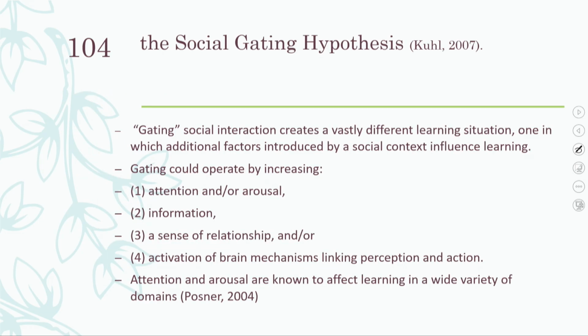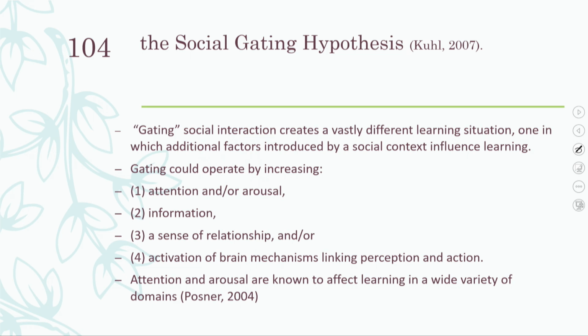Based on these various kinds of findings, Kuhl has proposed the idea of the social gating hypothesis. What she basically means is that gating social interaction creates a vastly different learning situation, one in which additional factors introduced by a social context influence learning.